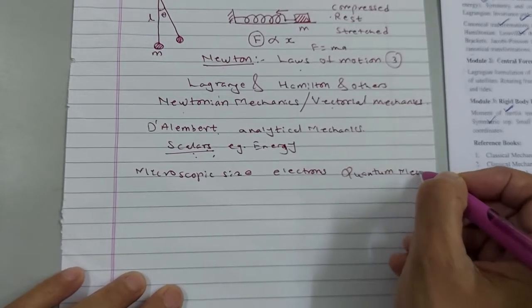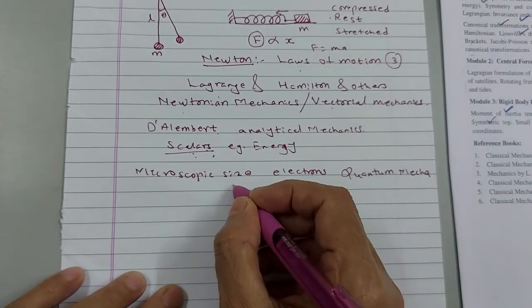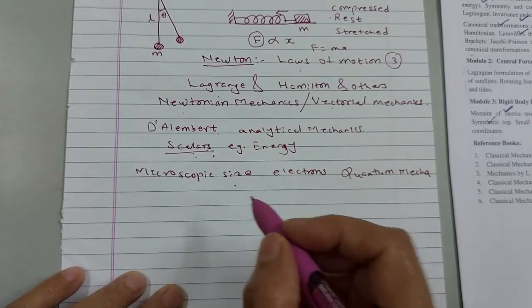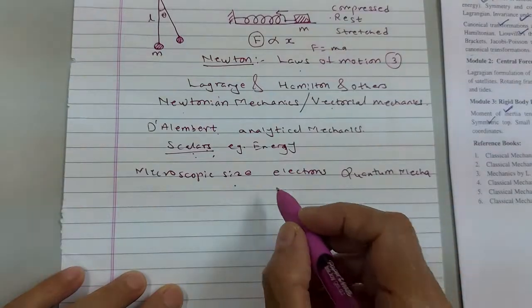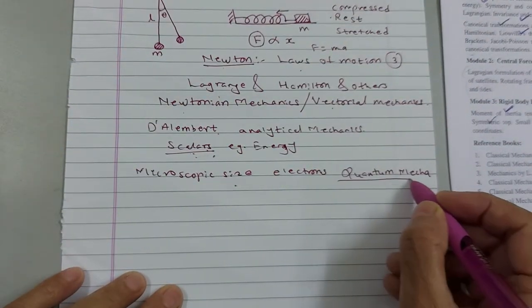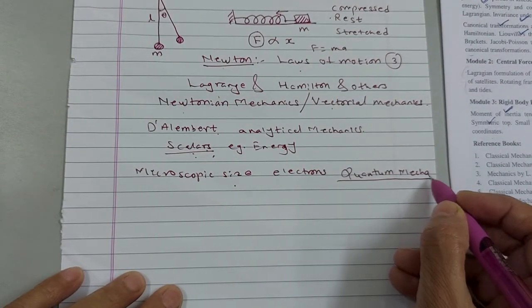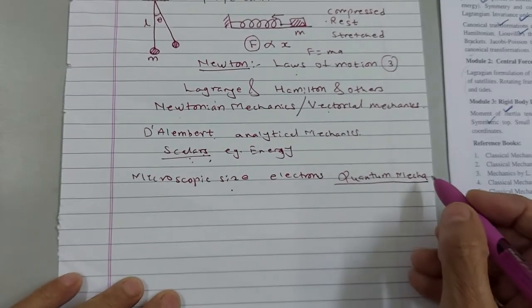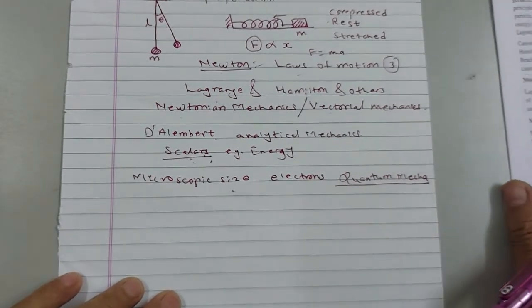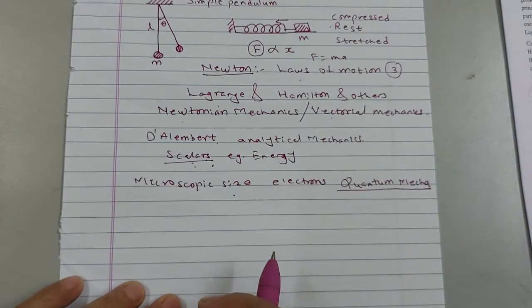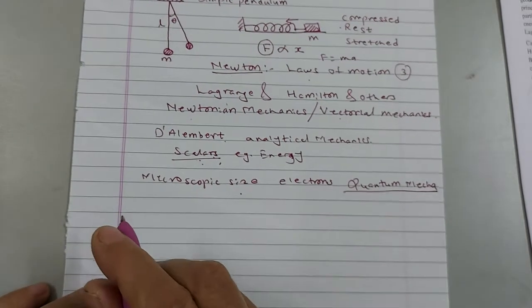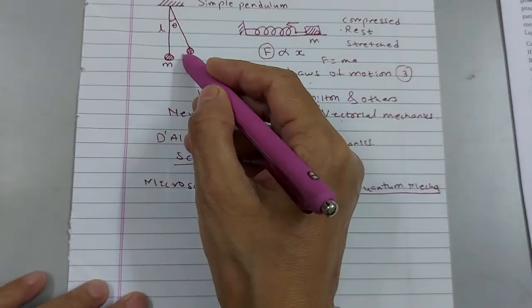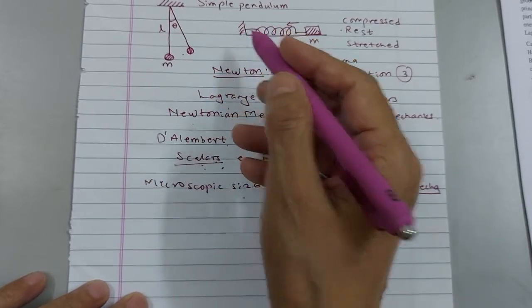So the limitation of classical mechanics is in studying microscopic size, for example electrons in atoms or nuclear particles, where quantum mechanics comes into the picture and helps to study the motion of those particles.